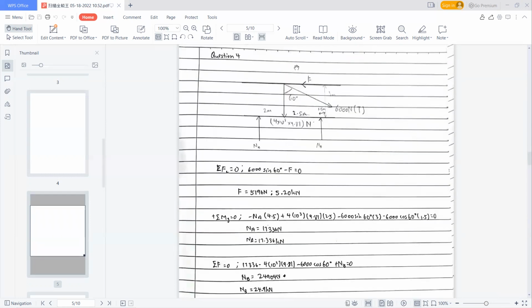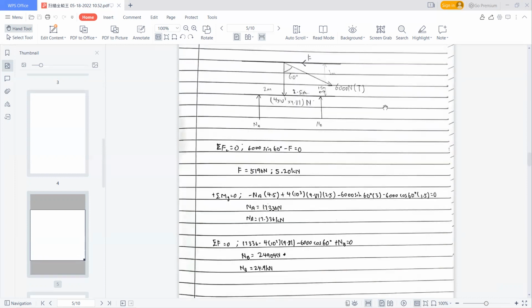So for question 4, we have a free body diagram which consists of the 6,000 Newton tension force, the length between the NA with the center mass, and the NB with the tension of 6,000 Newton.